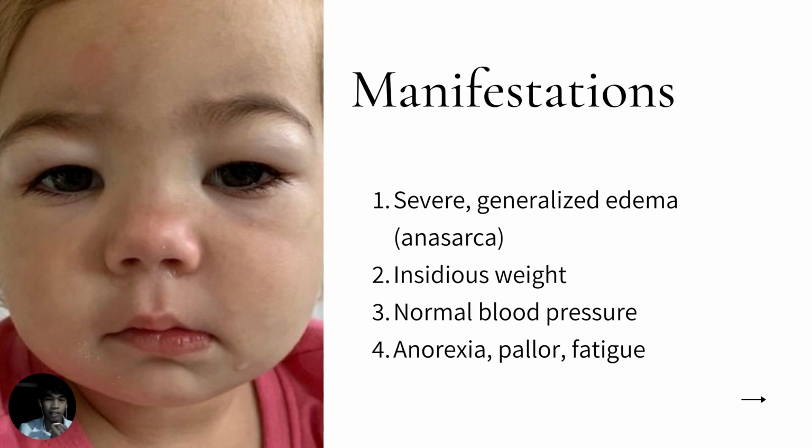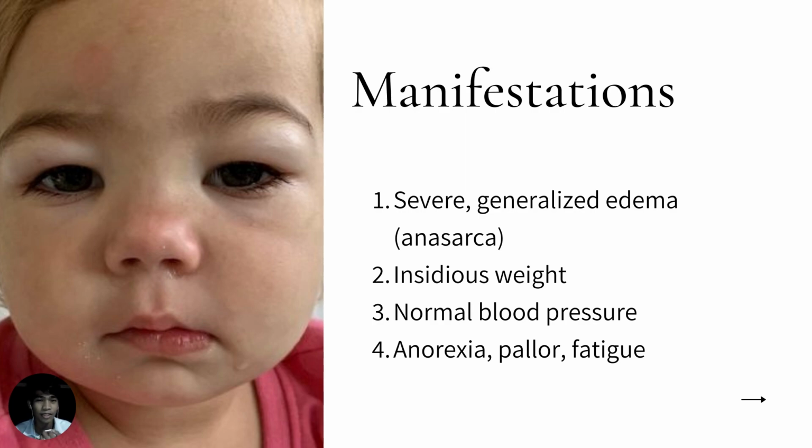It could be pitting edema on the legs of our client, or edema like what you see in the picture, the edema on the face or puffing of the face. This puffing of the face in nephrosis usually occurs every morning.